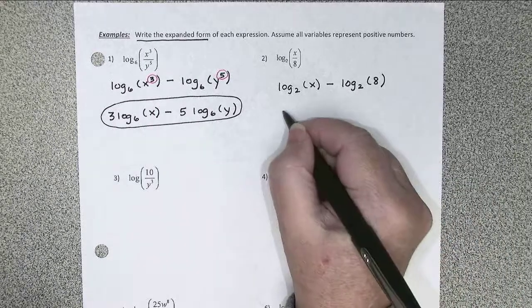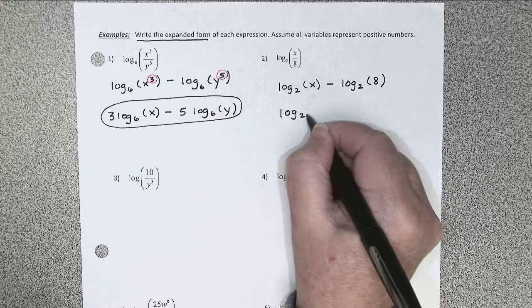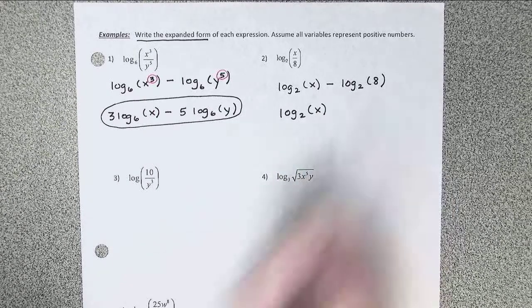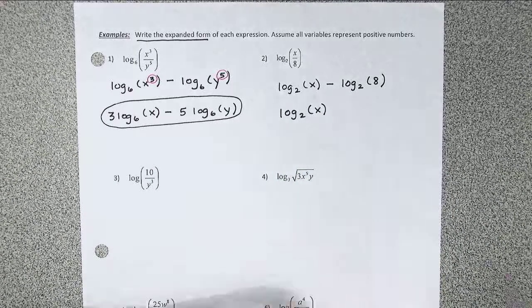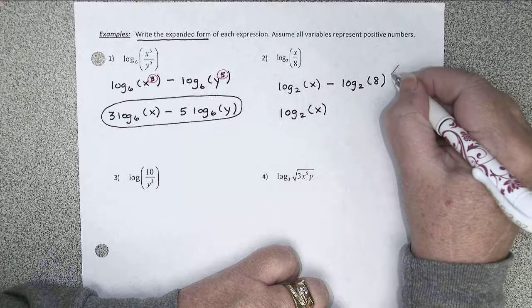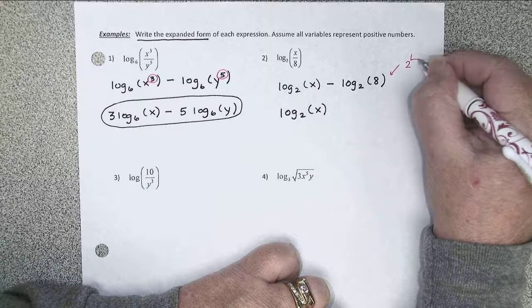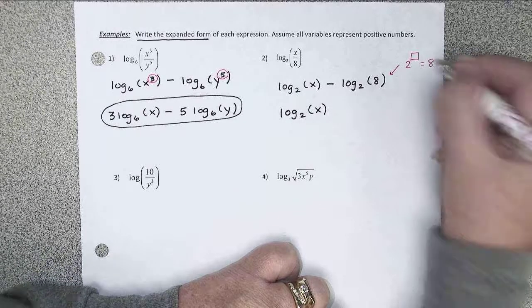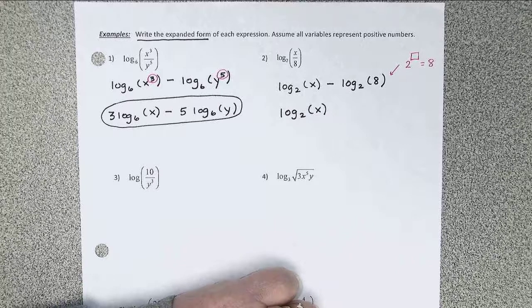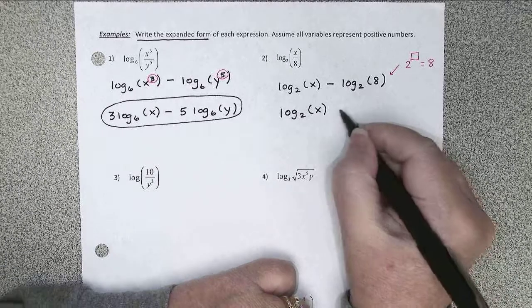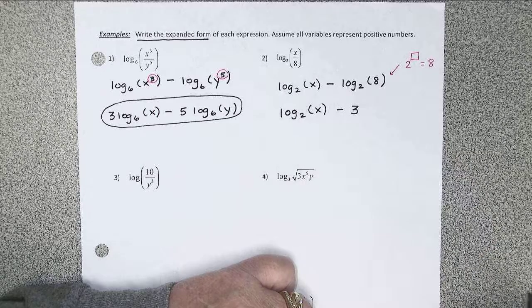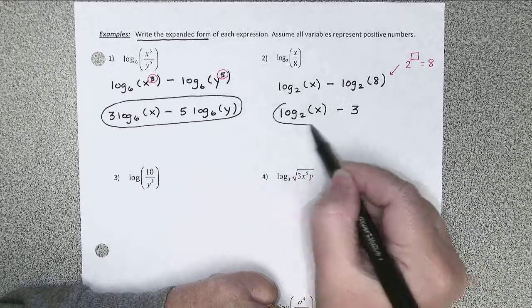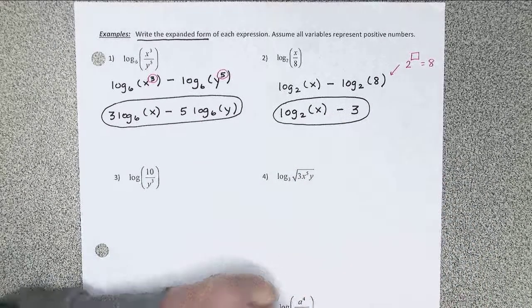In fact, I can go a little bit further with this one, because the log base 2 of 8 is something I know. Remember, you're really asking yourself 2 to what power equals 8? And that would be 2 to the 3rd power, right? So the log base 2 of 8 is just 3. And that would be expanded and simplified form.